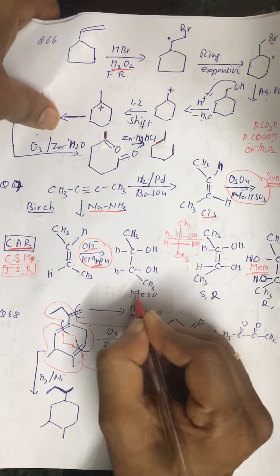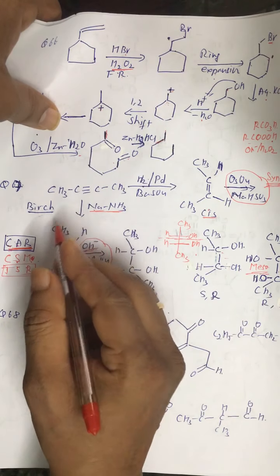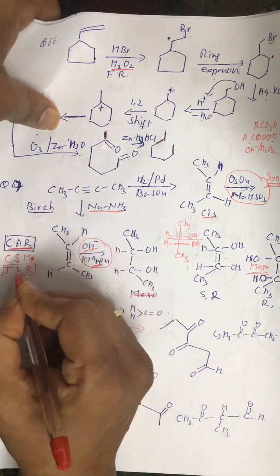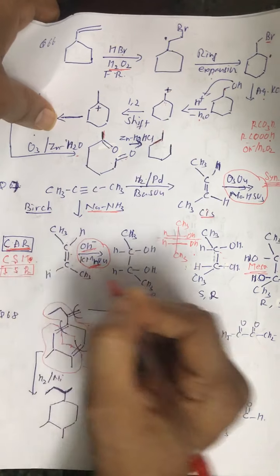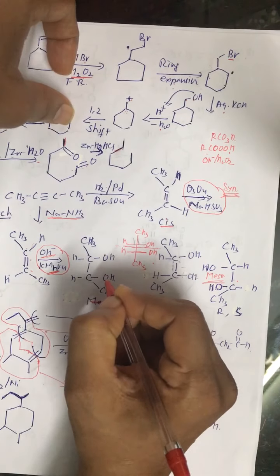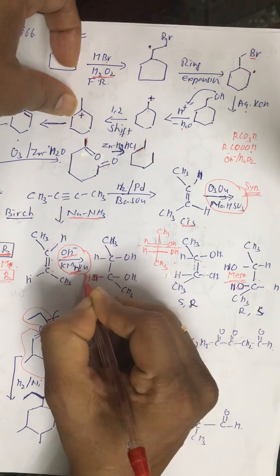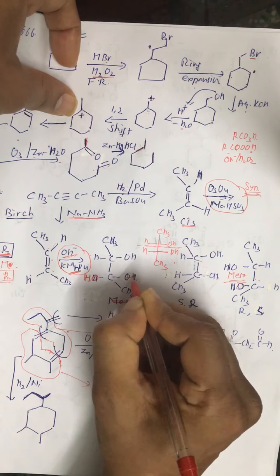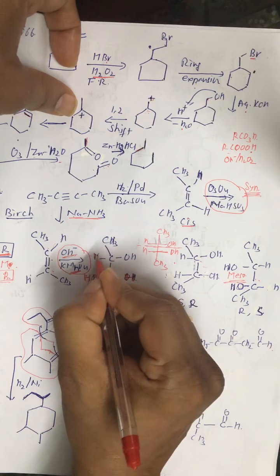This one is mesoform, and this is trans. Trans 2-alkene on syn addition forms a racemic mixture. The attack should be from the opposite side, like this.